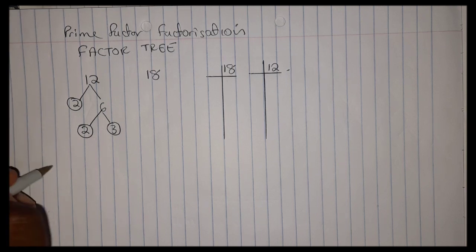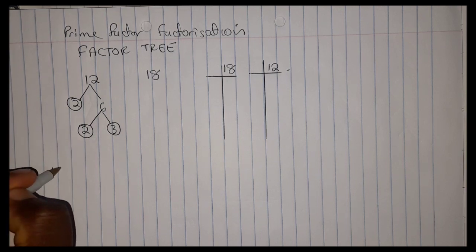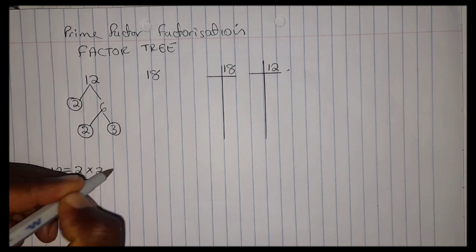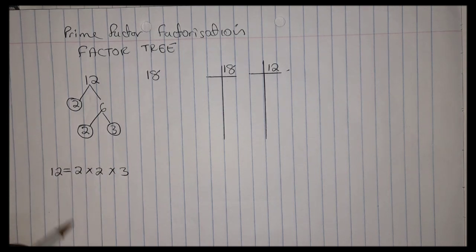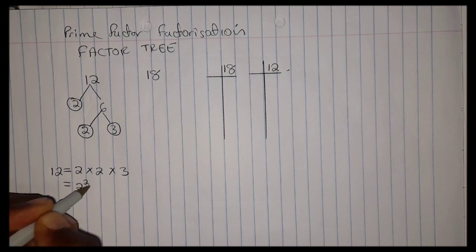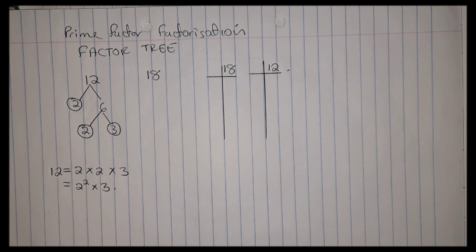All right, so 12 can be written as 2 times 2 times 3. So we have written 12 as a product of its prime factors. We could also say it is 2 squared times 3.